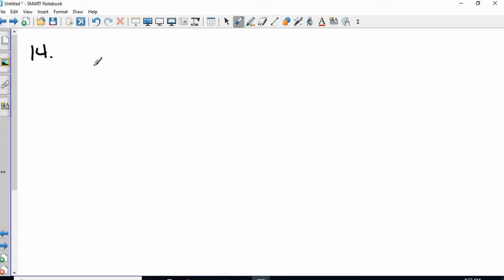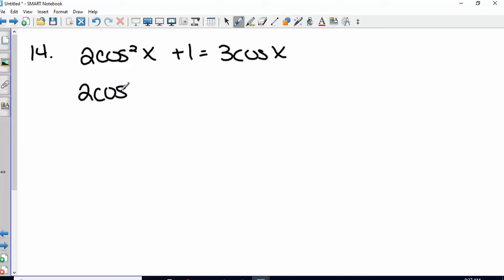All right, number 14. We're still solving equations, but I switched us over to radians here. If I set this equal to 0, we have 2 cosine squared x minus 3 cosine x plus 1. We can't just combine those, they're not like terms. But what we can do is box method.